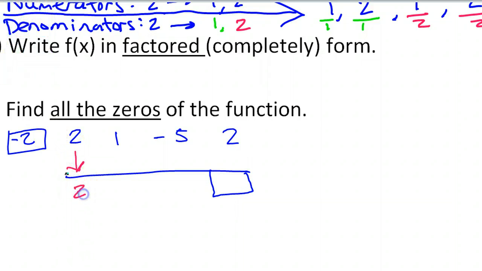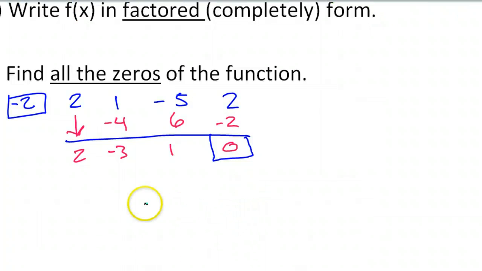Okay, so we bring down the 2, we multiply, and that's -4. Add, we get -3. Multiply, you get 6. Add, you get 1. Multiply, you get -2, and add, and of course you get 0, as we planned. Alright, so that gives us the trinomial 2x squared minus 3x plus 1.